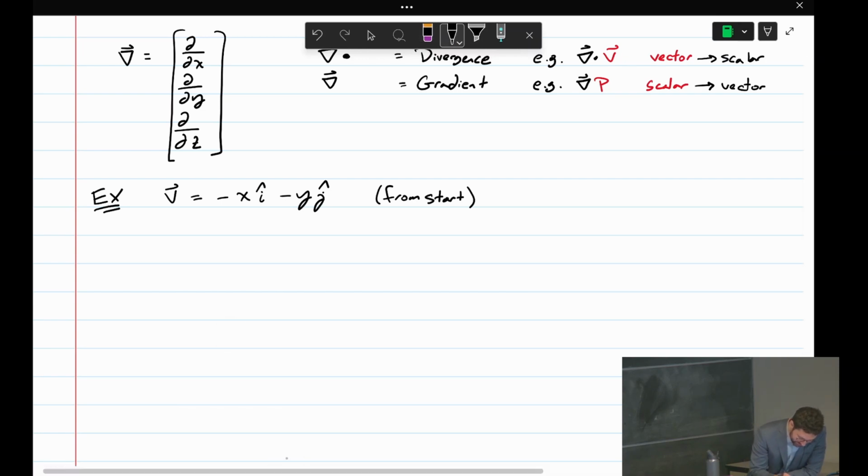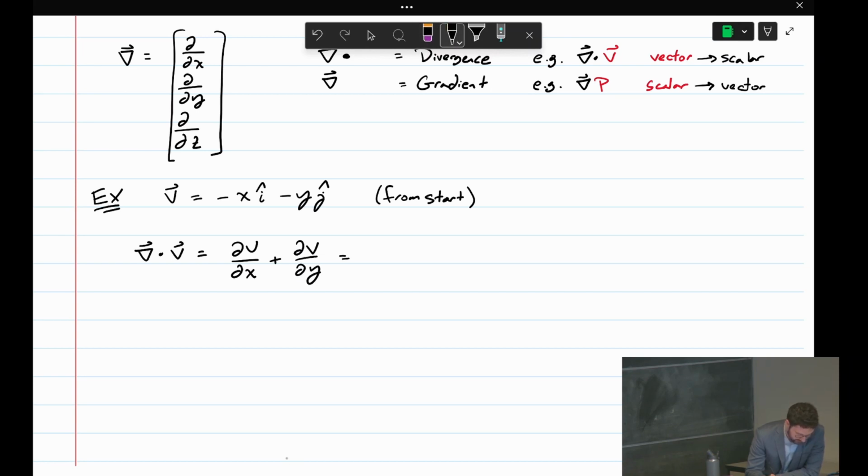So the divergence of this is a 2D field, so the divergence is partial u partial x plus partial v partial y. So that's minus 1 minus 1, minus 2. So that's not 0. Therefore, that's not a valid incompressible flow field.